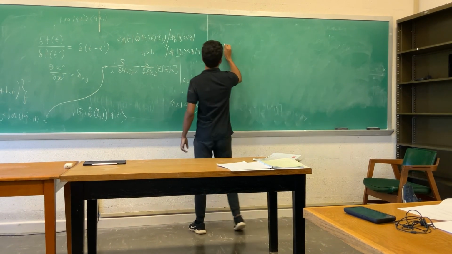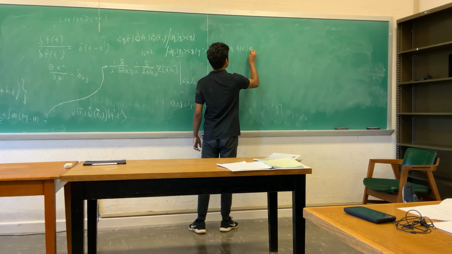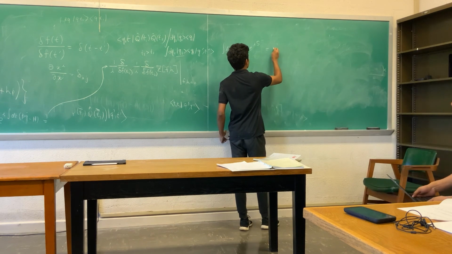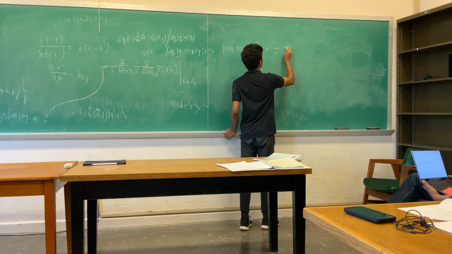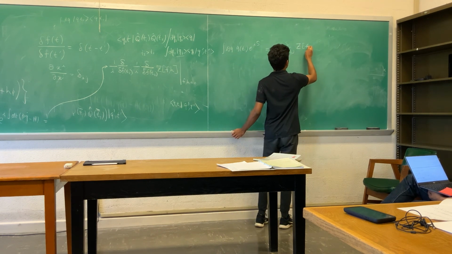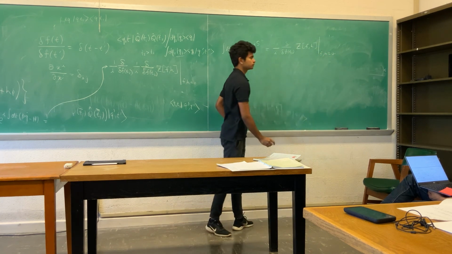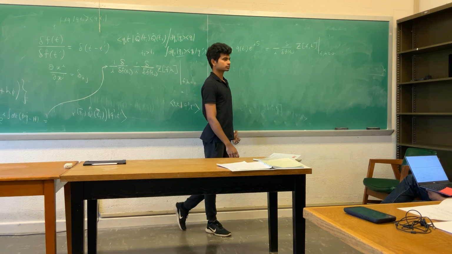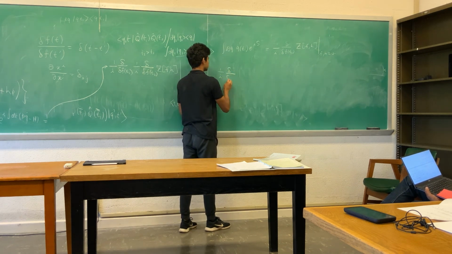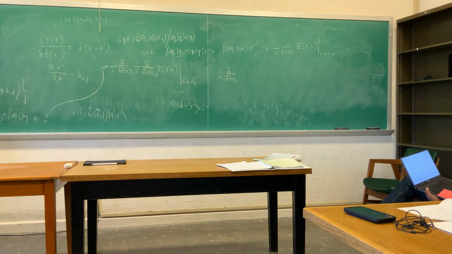Let's say I want to find this. I claim that this is nothing but, that's your Z, your generating function. So let's just find this. You take a derivative of this thing.